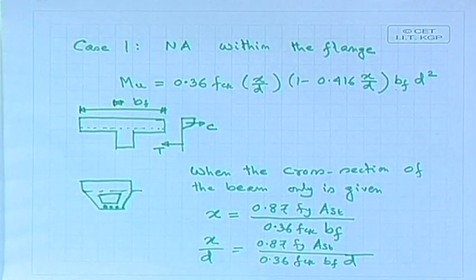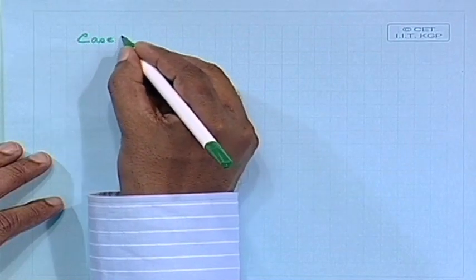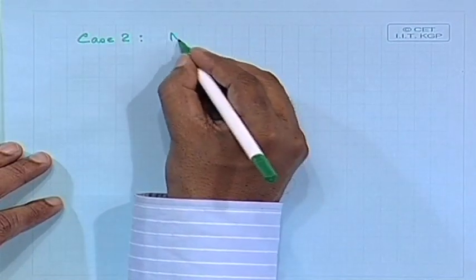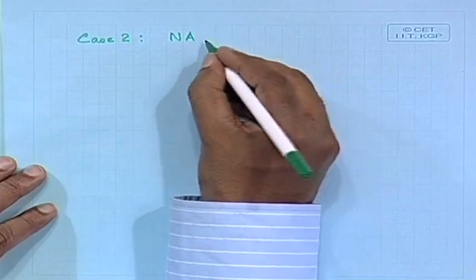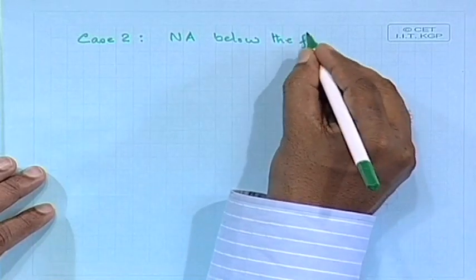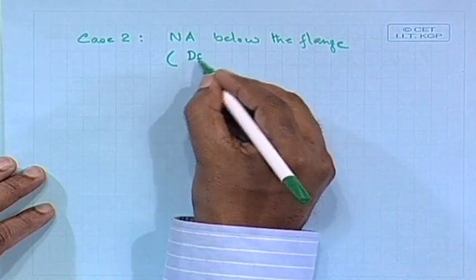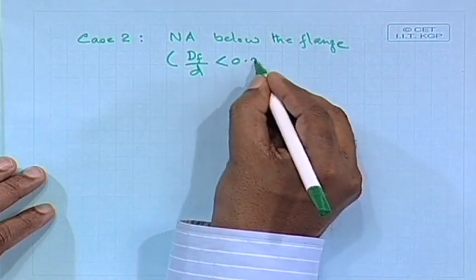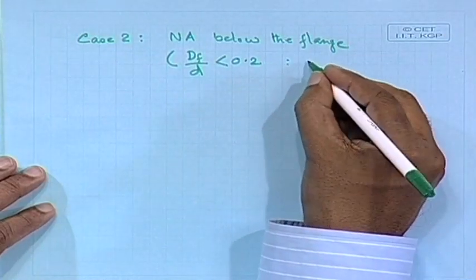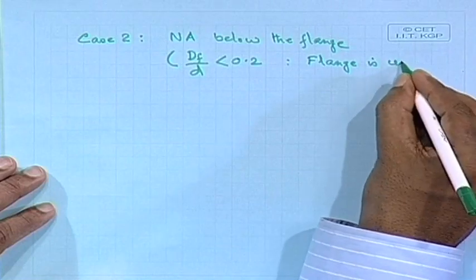Okay. Now, what about case 2? Neutral axis below the flange and Df by d less than 0.2. That means the flange is uniformly stressed.